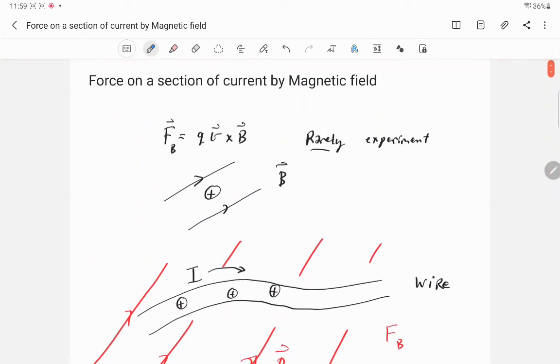Earlier, we started off this way. It's not so practical in everyday applications because it's not very often that you can watch individual electric charges and know their velocities, right? That's more of an elementary particle experiment. So in elementary particle physics, this formula is useful for that.